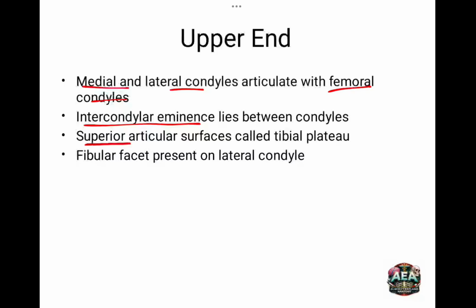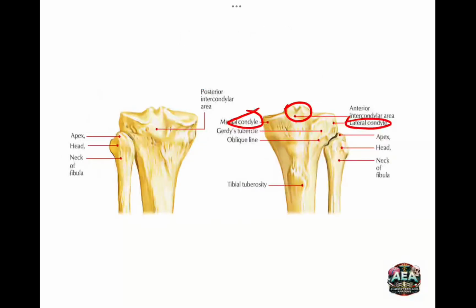We have a superior articular surface called the tibial plateau. If you look at the upper part, you see these two projecting parts here are called the tibial plateau. Don't mistake the tibial plateau with the intercondylar area or eminence. See the intercondylar area here, somewhere exactly around here, while the plateau is these projecting parts you can see at the upper part.